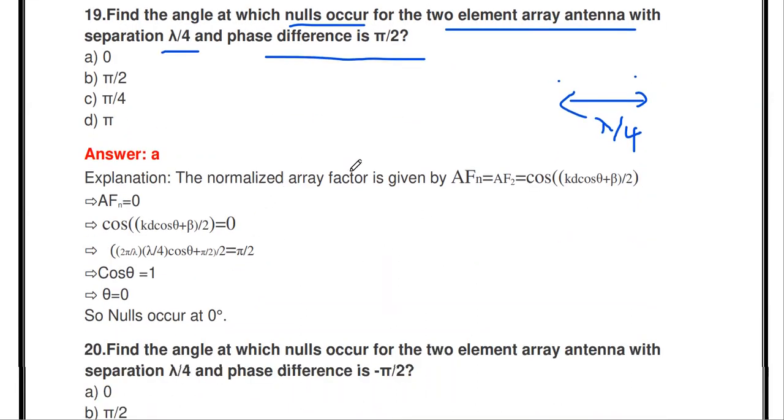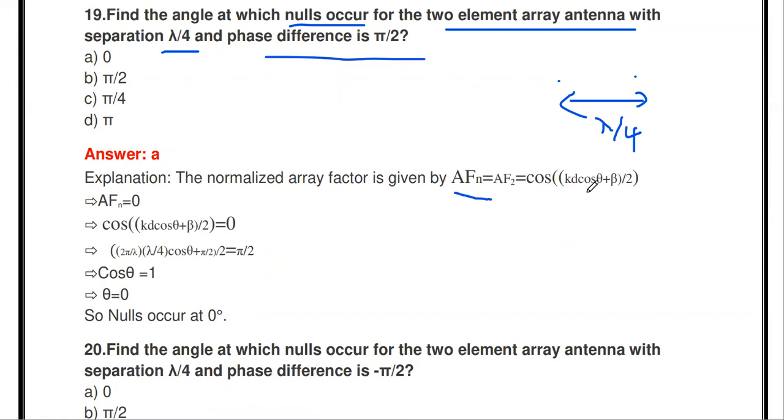Already you know the normalized array factor for the two element array: AFN is equal to cos of (k d cos theta plus beta) divided by 2. We have to calculate the null. At a null position this array factor value becomes 0.